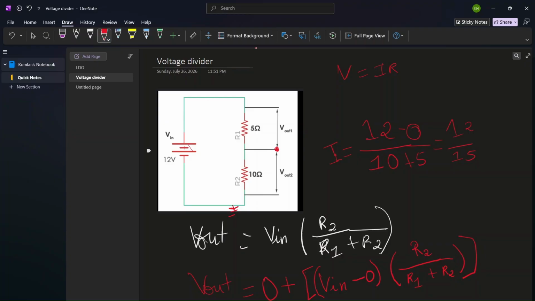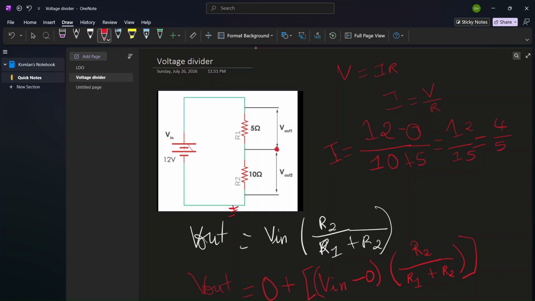And like I said, the current flowing through these two is really 12 divided by 15, because I equals V over R. That's all I'm doing here. That's how we got this. So now, this is giving me 12 over 15. You can divide both of these by 3, 4 over 5.